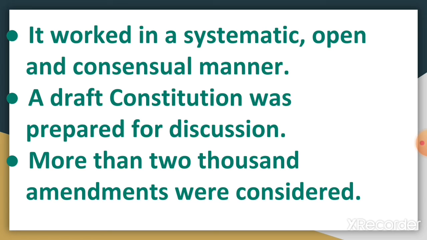First, some basic principles were decided and agreed upon. And then what did the drafting committee do? The drafting committee prepared a draft constitution for discussion. Several rounds of thorough discussions took place on the draft constitution, and clause by clause, every clause was discussed.